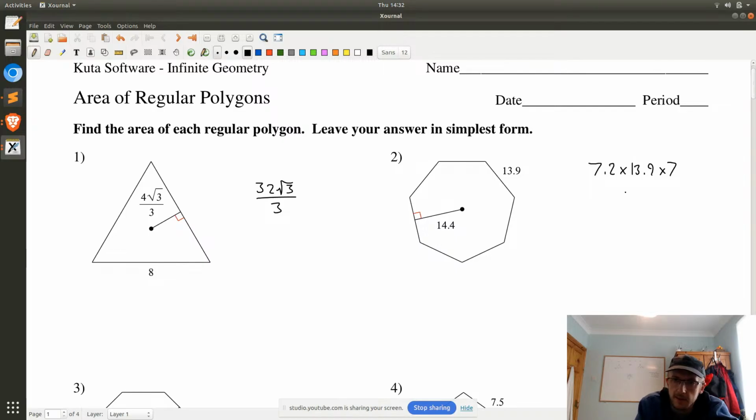It'd be like that instead. And then do the work and figure it out.